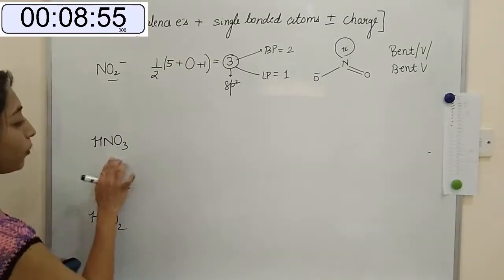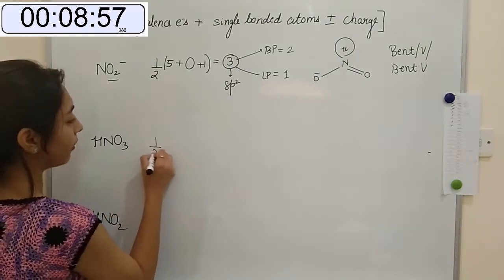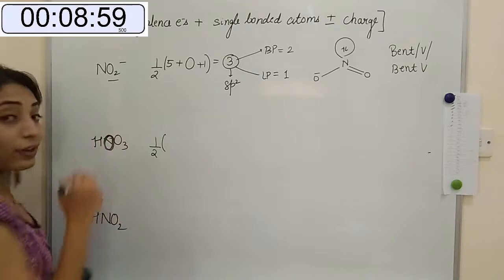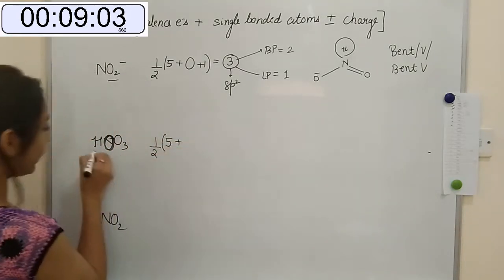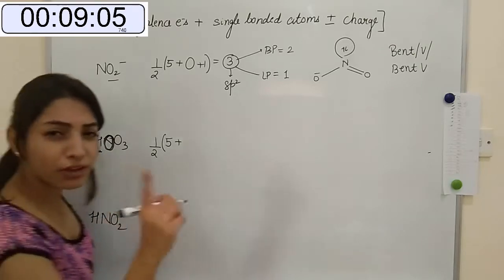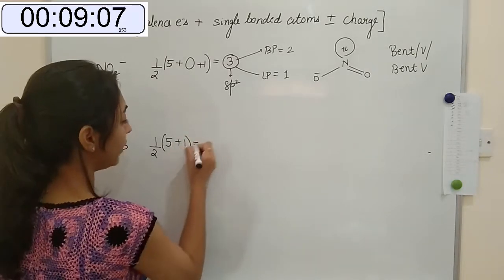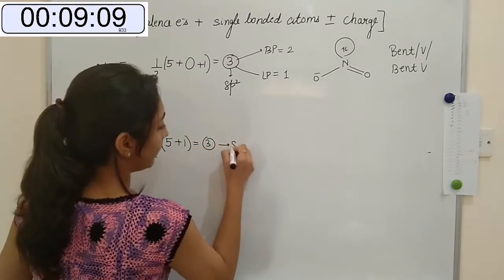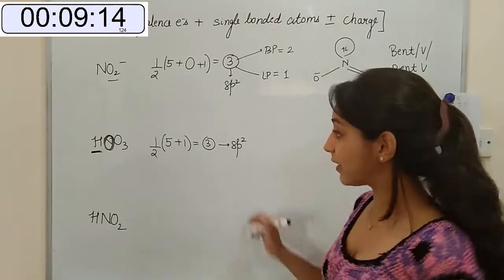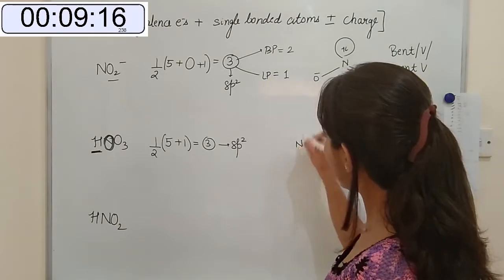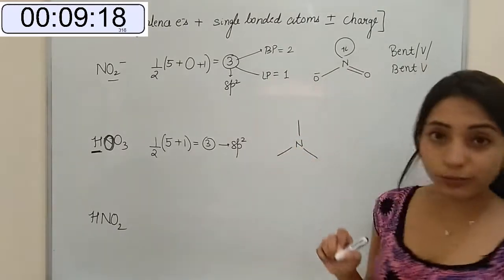Done? Moving to HNO3, half. Do remember nitrogen is there in the center, so nitrogen will be the central atom, 5. Number of atoms attached by single bond is only 1 because it's hydrogen. So 6 by 2 is 3. 3 means sp2. Now this is something new which we have never studied. How to draw the structure. N in the center and 3 bonds to be done.